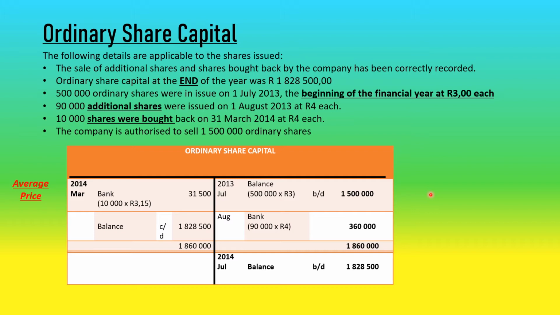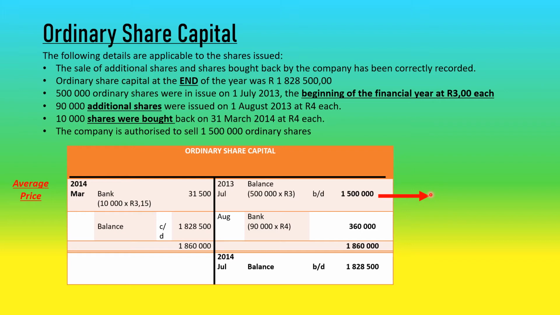But what is ordinary share capital? Let us talk about it for a minute. Ordinary share capital is when you start a company, you can divide the company into small pieces known as shares, and you can sell these small pieces to people. So people give you money in return for getting a portion of the company. You've often heard people say, I own 200 shares of Sasol, which means that they have a small portion of the company that they own.